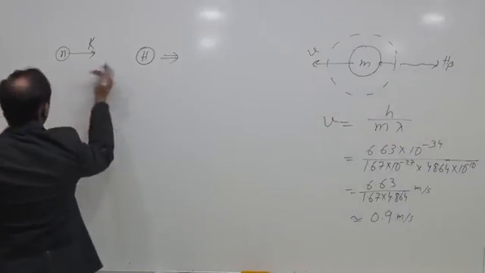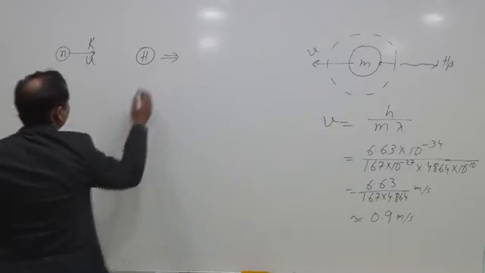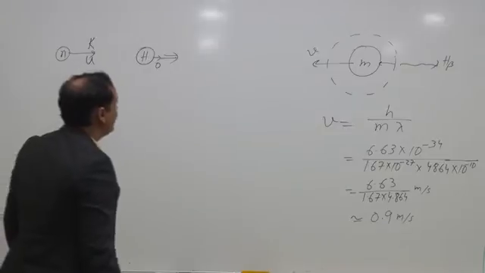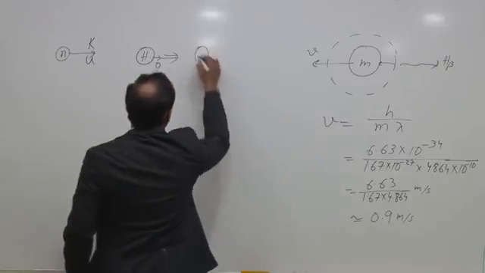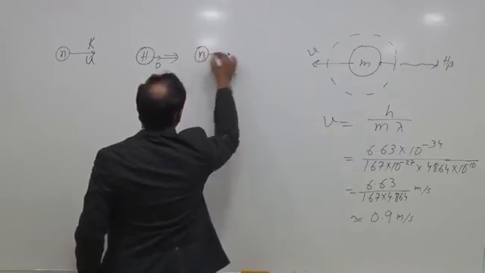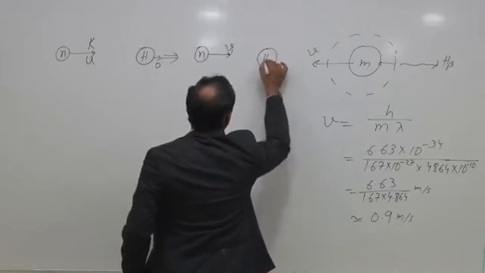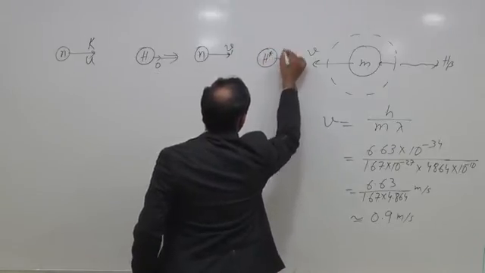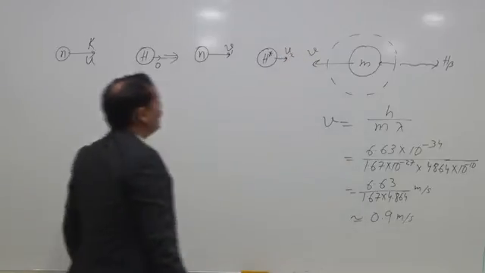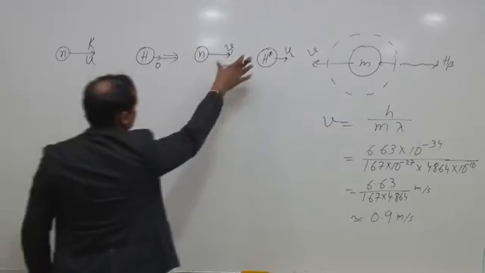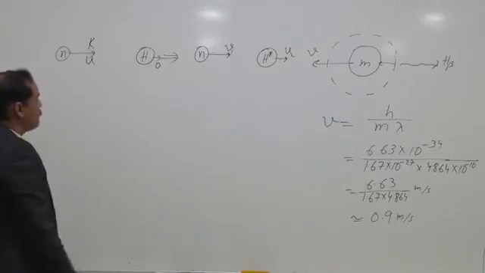So initially the neutron has speed u. The speed of the hydrogen atom is 0, it is initially at rest. After collision, let the neutron move with velocity v1 and the excited hydrogen atom move with velocity v2. So this is the situation before collision, this is the situation after collision.